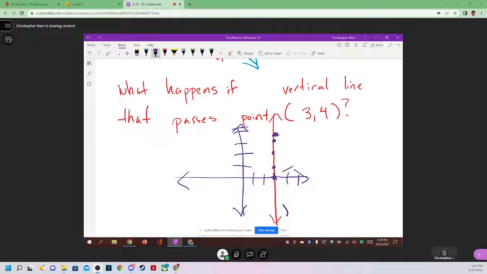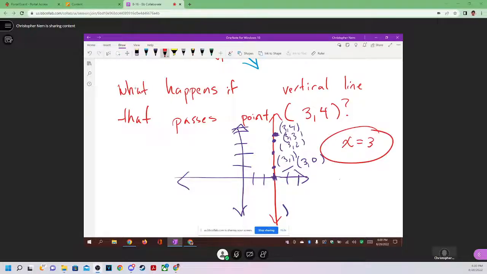If I look at this point right here, it is located at, let's say, 3, 0. If I look at this point, it's located at 3, 1. And look at this point, it's located at 3, 2, 3, 3, 3, 4. What do you notice all these points have in common? The x value, or the first value, is equal to 3.